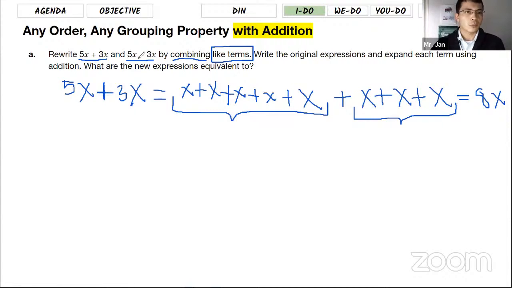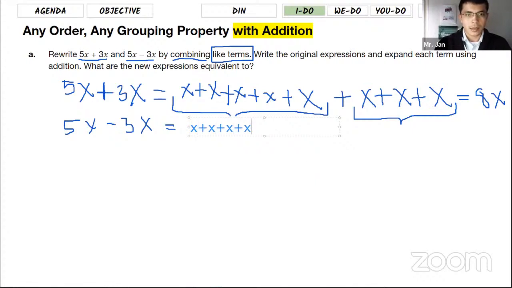It's the same thing for subtraction, but this time it's a little different. Let's say you have 5x minus 3x, right? So I'm going to go with text now because I need to be a little bit faster. x plus x plus x plus x plus x, and there is a subtraction sign, but this time I need to use parentheses because there is a subtraction, so you shouldn't get confused.